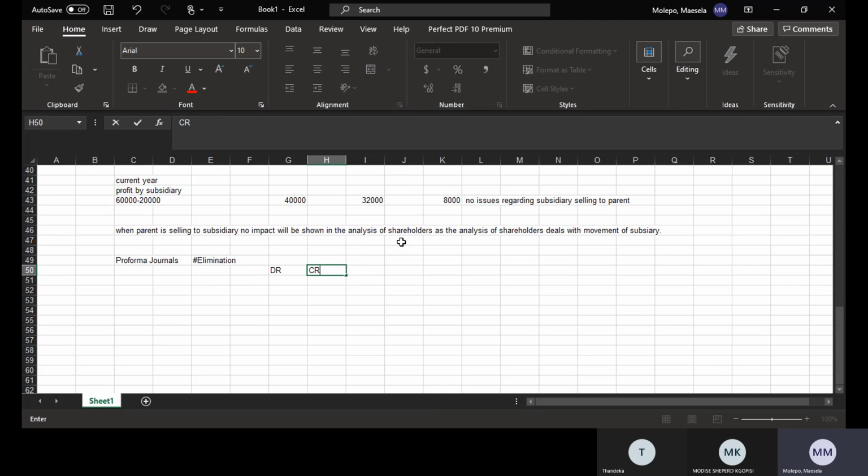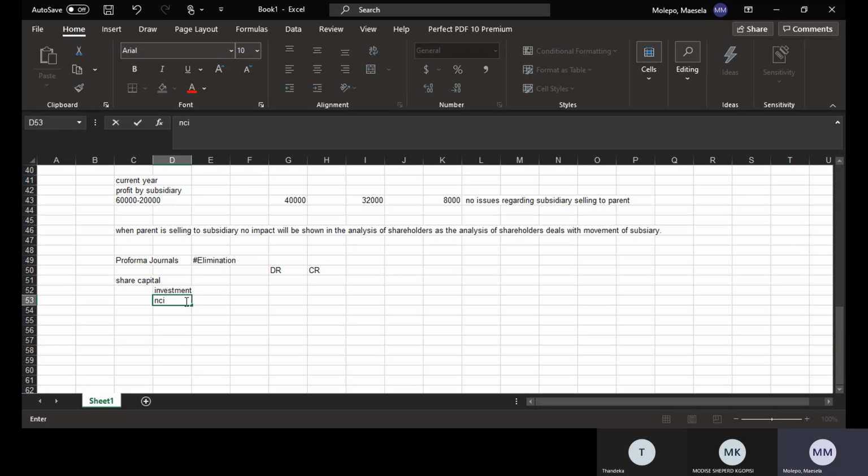So we have our share capital, which now is going to be eliminated. The share capital and the investment plus the non-controlling. On the other side, it will be investment and the NCI.